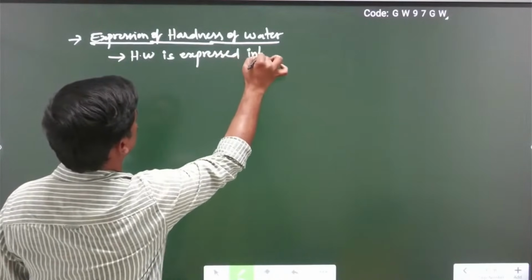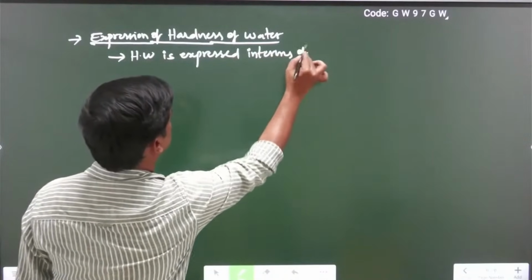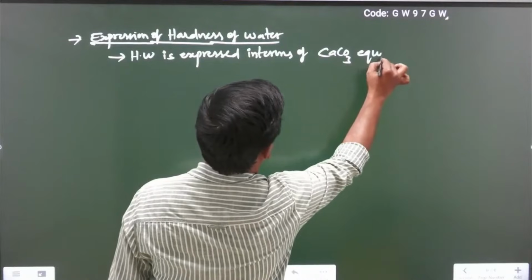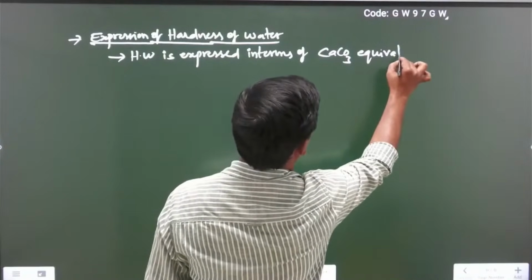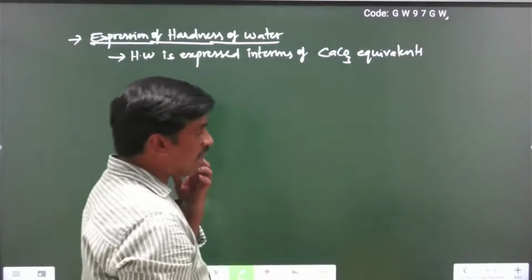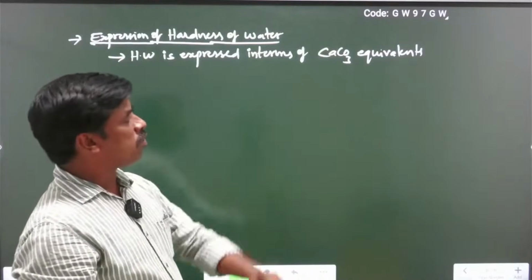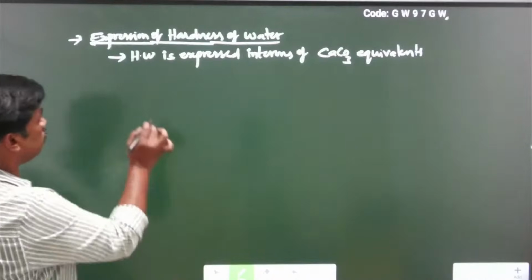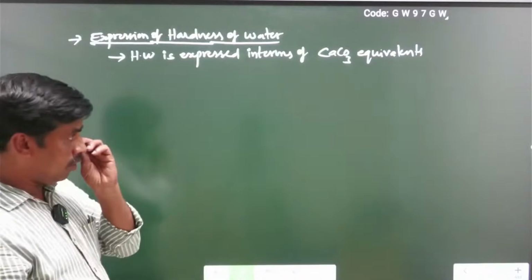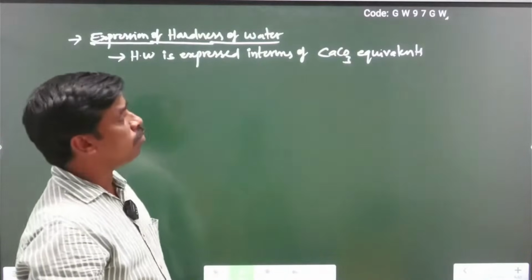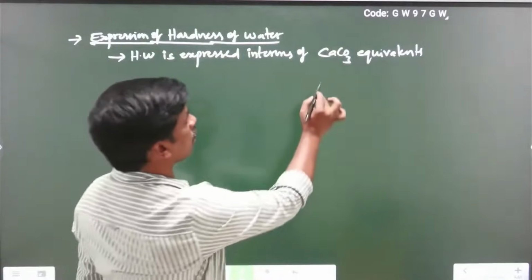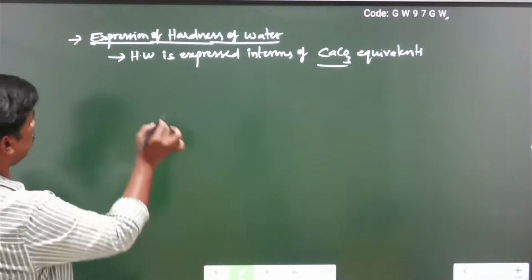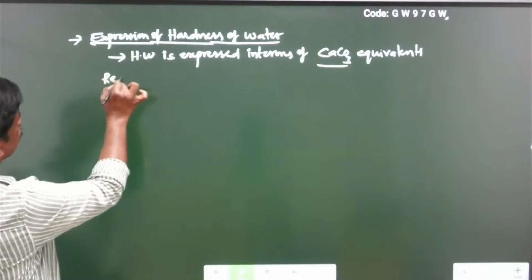Why is it expressed in terms of calcium carbonate equivalents, and not in other equivalents? Because calcium carbonate is almost insoluble in almost all solvents.